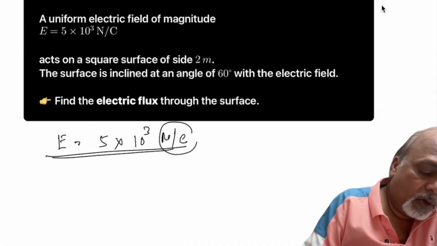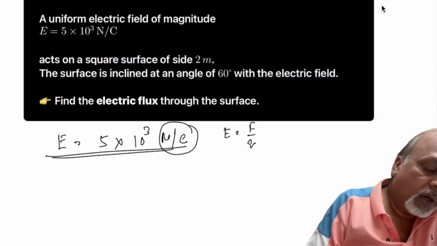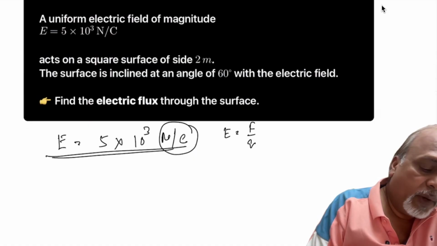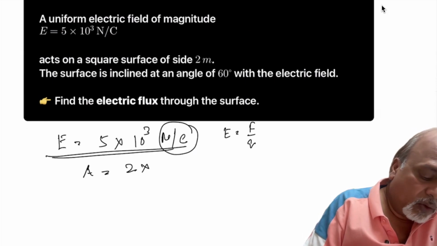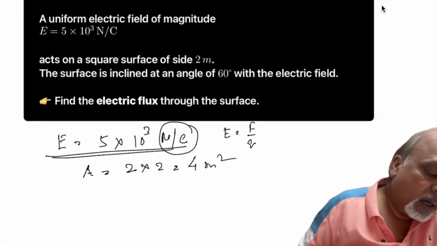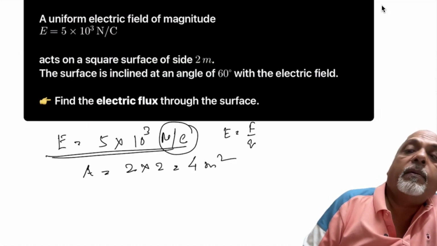As you see, the unit of E is nothing but F upon Q. So Newton per coulomb acts on a surface of side 2 meter. So area is basically 2 square, it is 4 meter square. The surface is inclined at an angle 60 degree with the electric field.